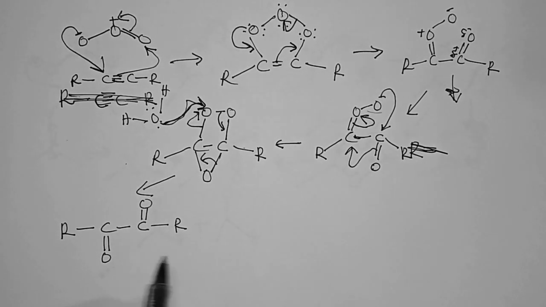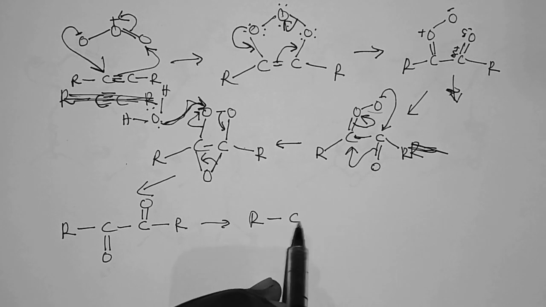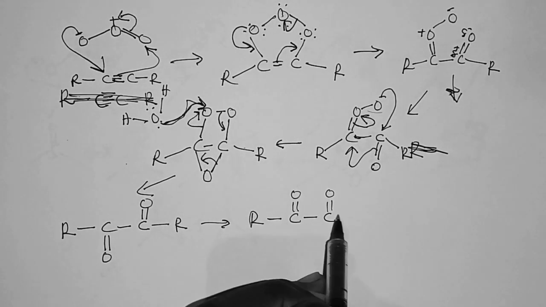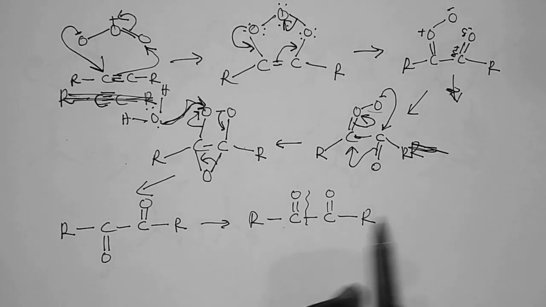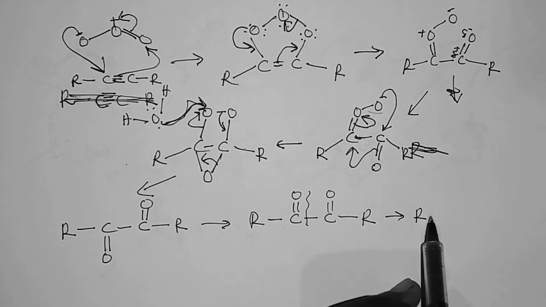So this is the intermediate we are going to form, a diketone. So let me redraw the diketone. Now this diketone, through rearrangement, will cause these carbonyl centers to cleave, and when it cleaves, it's going to give us the carboxylic acids.